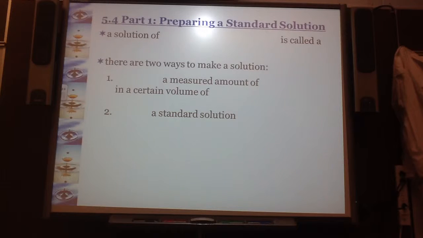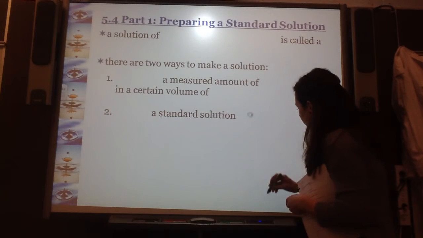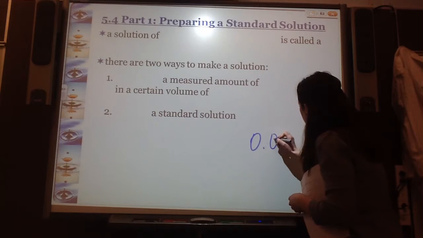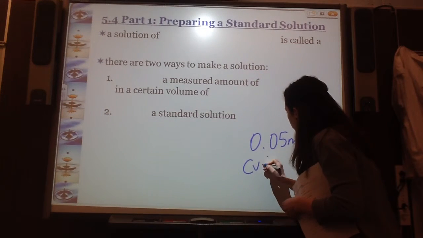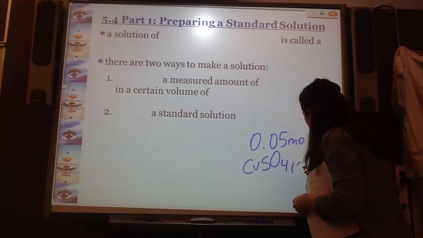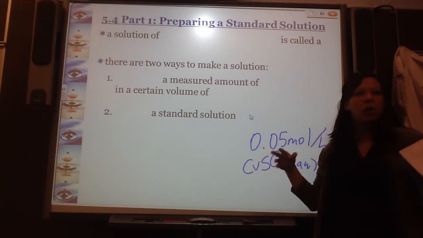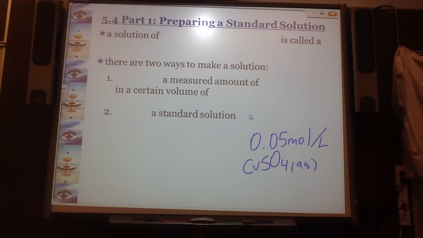Okay, let's actually think about it. What are your ideas? If I said, you need to give me a 0.05 mole per liter solution of copper 2 sulfate, aqueous, how would you do it? What would be some ideas?